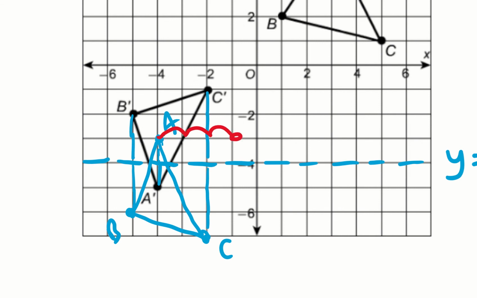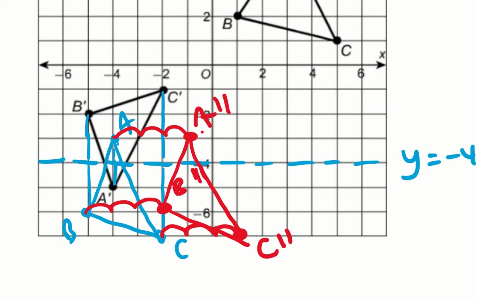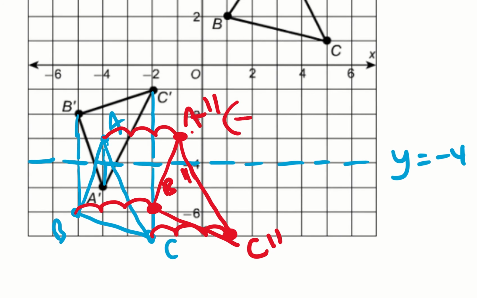1, 2, 3. That's my A double prime. 1, 2, 3. That's my B double prime. 1, 2, 3. That's my C double prime. So this is my triangle A double prime, B double prime, and C double prime. So you can see that the coordinates for A double prime are -1, -3.